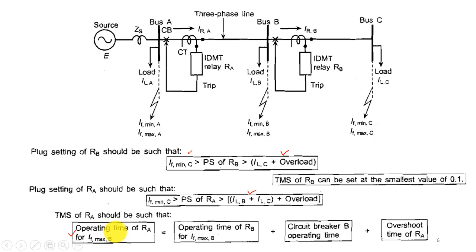So the operating time of RA for IF max B, that is the maximum fault current at bus B, will be equal to the operating time of relay B for the maximum fault current at bus B, plus the circuit breaker operating time associated with relay B, plus the overshoot time of relay A. Generally overshoot time is taken as 10% of the total operating time of relay B and circuit breaker B. So generally it is taken as 10%.